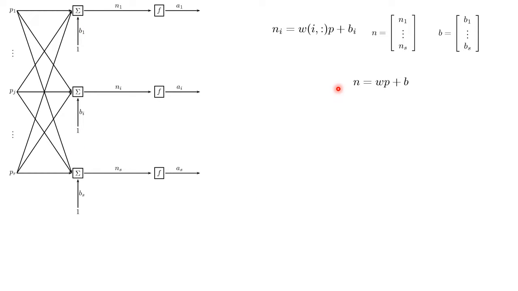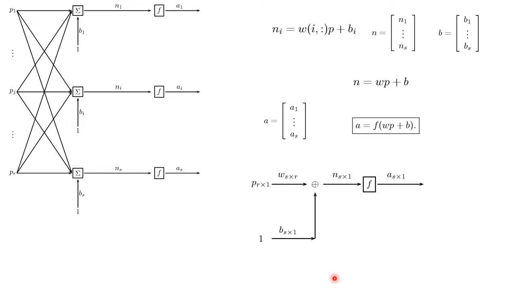Then the input into that layer is represented as a vector N, the matrix W times vector P plus vector B. The activation then comes out of each of these neurons. Out of the ith neuron comes Ai, and A is the vector whose ith component is Ai. So the activation A is written as F applied to WP plus B, F applied to N.